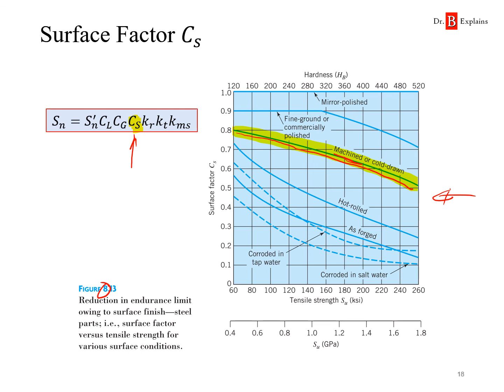No need to go as hot rolled, as forged, and all this other stuff. So you're always looking at this one. You still have to determine the properties of the gear material, the tensile strength, and depending on that, you go up to a value, and that tells you what surface factor to use.